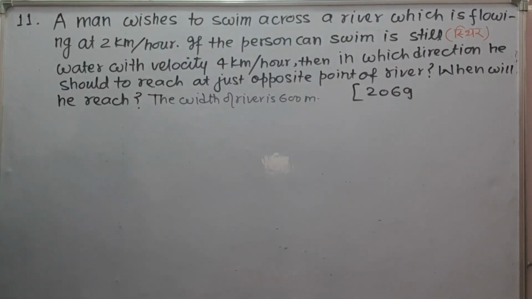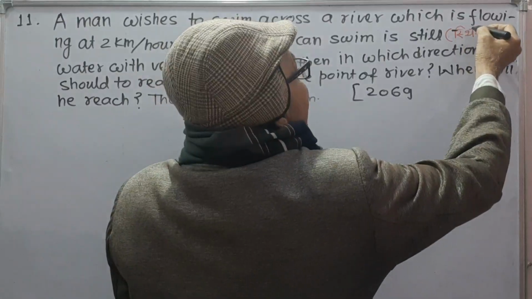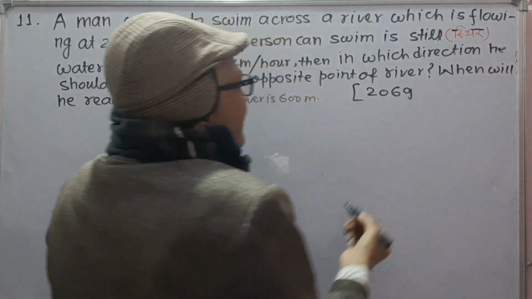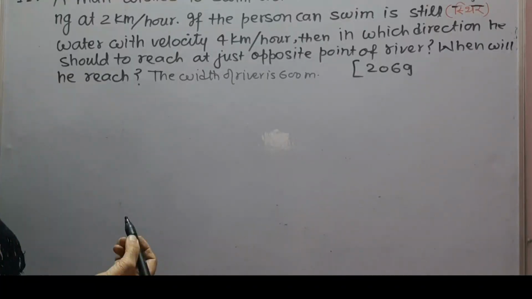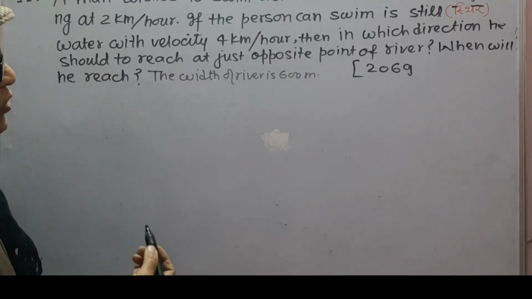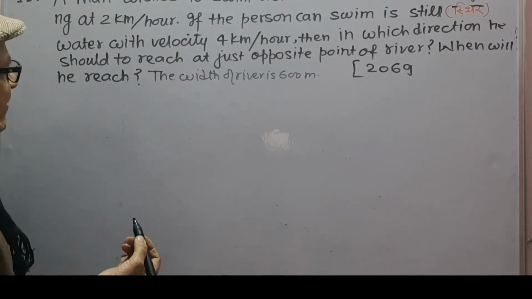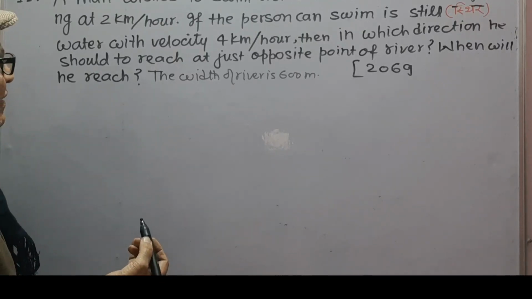Next question number 11. A man wishes to swim across a river which is flowing at 2 km per hour. If the person can swim in still water, still means at rest, with velocity 4 km per hour, then in which direction he should start?